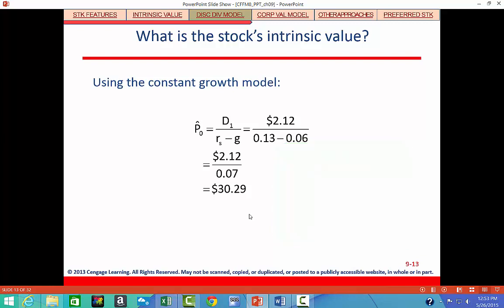And if I was really risk seeking, I could short sell the stock, where I borrow this stock at $34 a share from my broker and I sell it in the market, and then I wait for the stock price to go down to $30.29 and I buy it back. And so I've made a profit on the price going down. So those are some different things to consider if you have an overvalued stock.